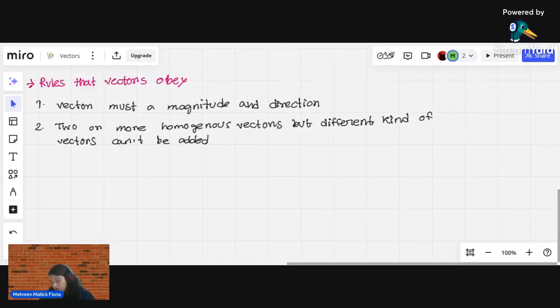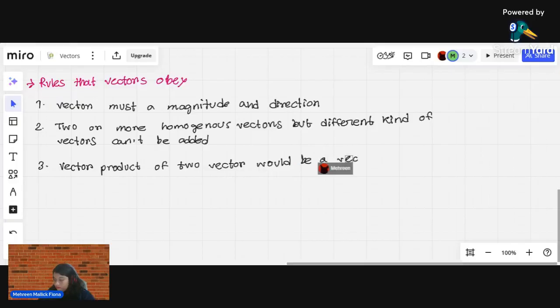Now moving on to the third point. If I was asked to multiply two vectors, if I was asked to do a vector product of two vectors, what would be the resulting value? The vector product of two vectors would be a vector quantity.